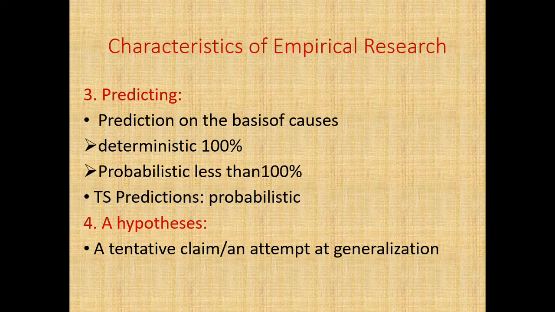For example, we can take a quick example, which is not of course a very technical hypothesis. It is a tentative claim that with good knowledge of Quranic sciences, a translator can translate the text of the Holy Quran into Urdu successfully.